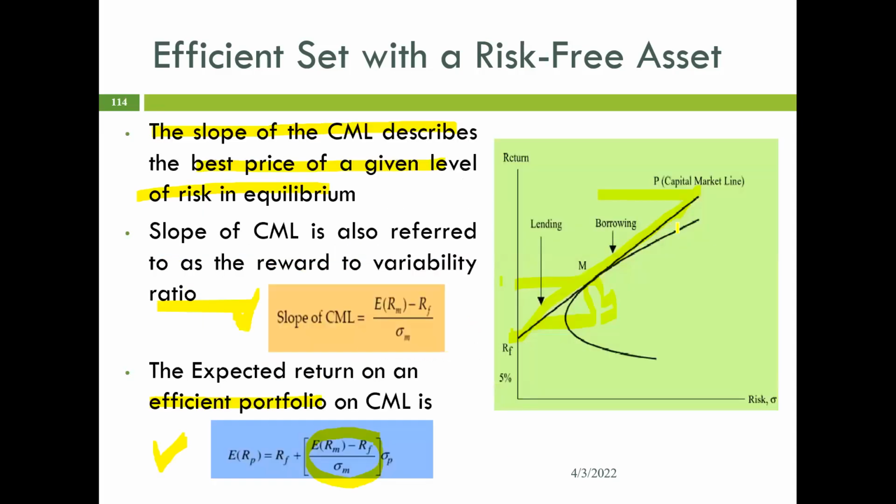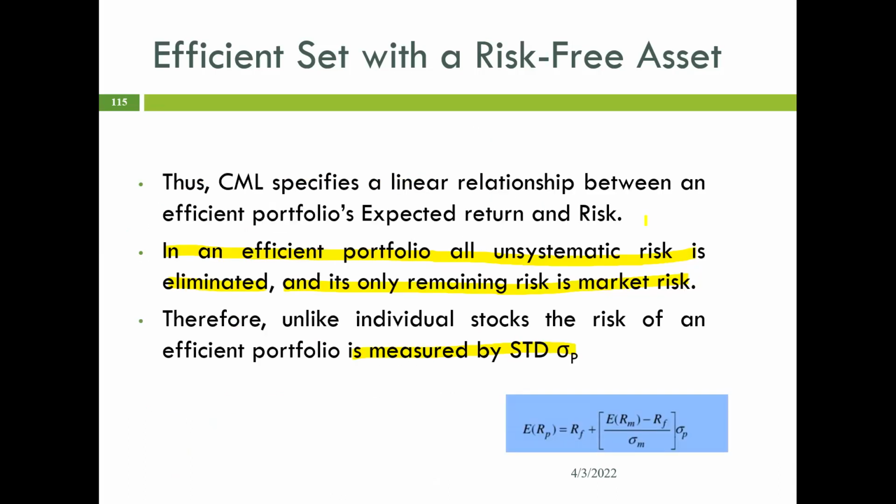But now on this capital market line there are only efficient portfolios. So once you calculate the standard deviation of the efficient portfolio, it is the market risk. It is the systematic risk. So therefore we can use standard deviation of the efficient portfolio here.